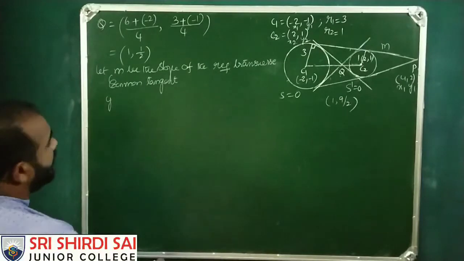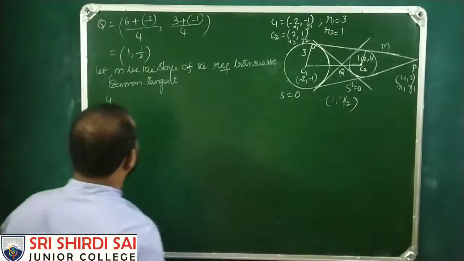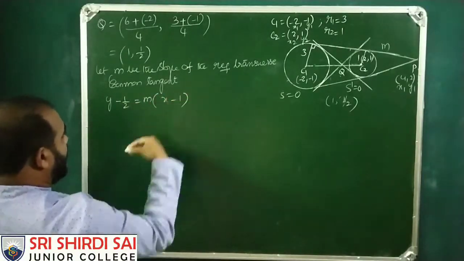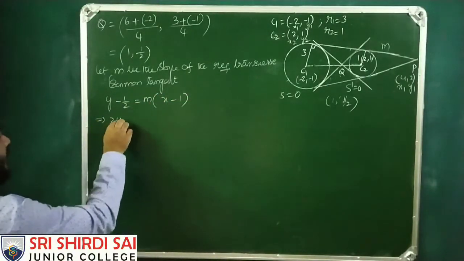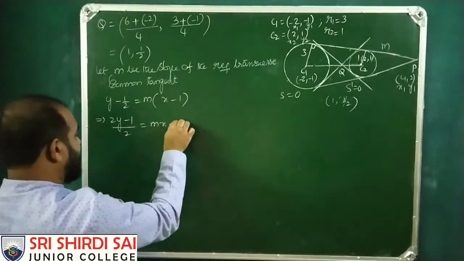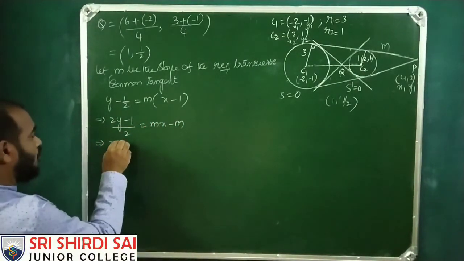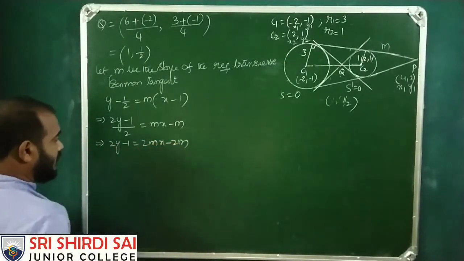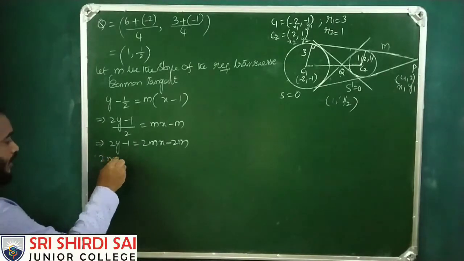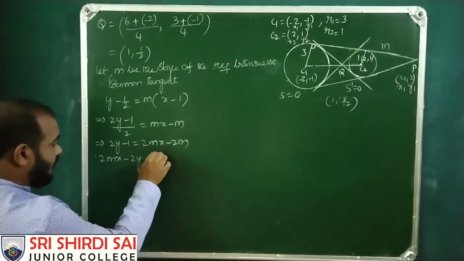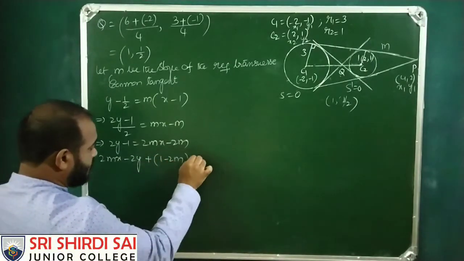So y minus 1 by 2 equals m into x minus 1. So 2 into (y minus 1 by 2) is equal to mx minus m. So 2y minus 1 equals 2mx minus 2m. Therefore 2mx minus 2y plus 1 minus 2m equals 0.